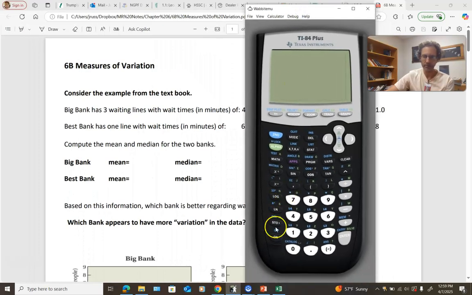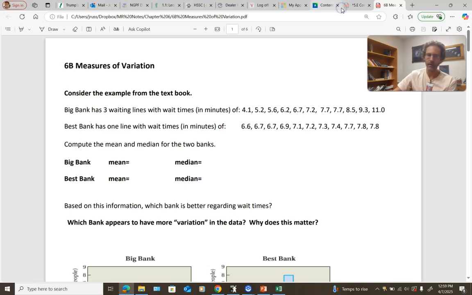So if you recall, I put the wait times for Big Bank under List 1, and so I'm going to go to Stat and Calculate again, go to One Variable Statistics. I've got List 1 right there. I'm going to calculate, and you can see X bar, which represents the mean, is 7.2. Okay.